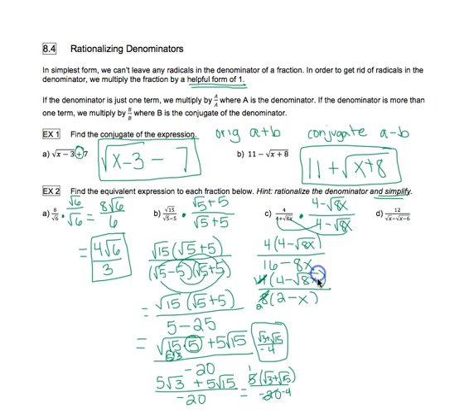Now, the tricky thing here is that my original radical wasn't fully simplified. This 8, if I do a factor tree on it, 8 breaks down into 4 times 2. 4 is 2 times 2. So I have a pair of 2's.